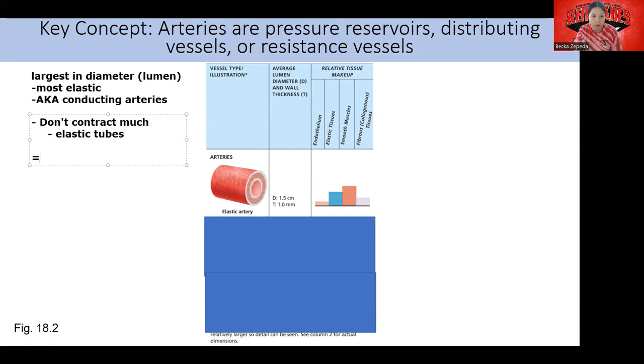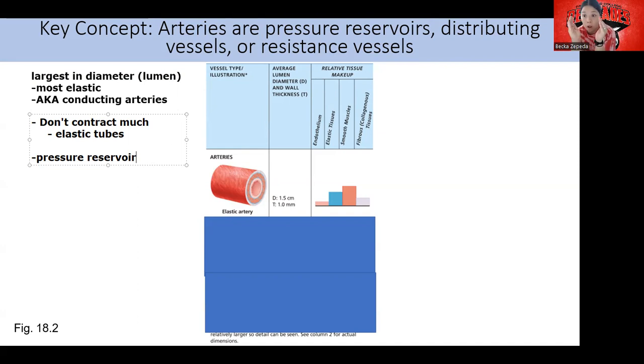So they are considered pressure reservoirs. A reservoir is just like a storage place for things, like a water reservoir. But a pressure reservoir means that they are preserving or storing that pressure. So let's say the heart contracts, these elastic arteries expand from the pressure of the heart.